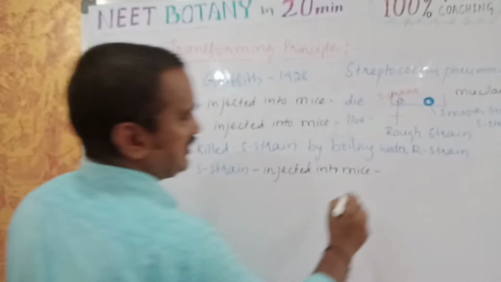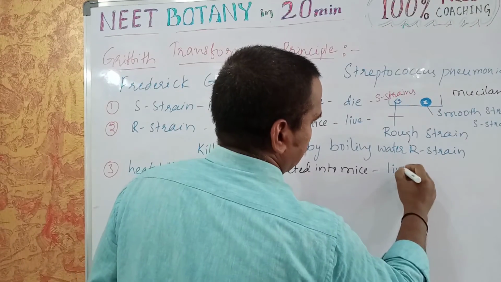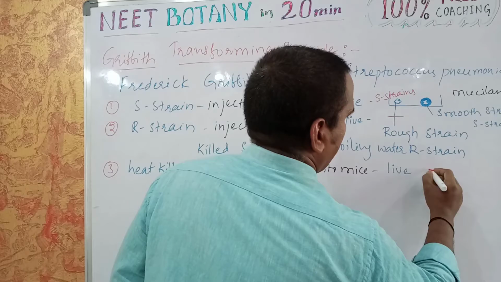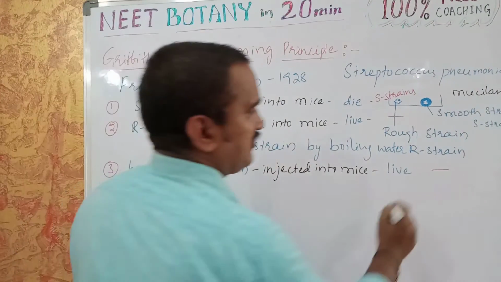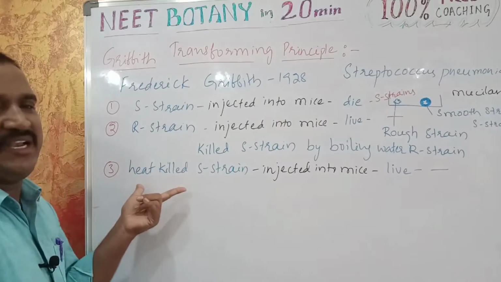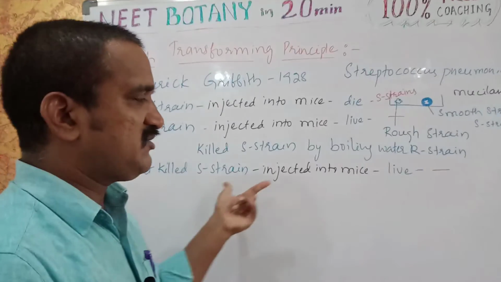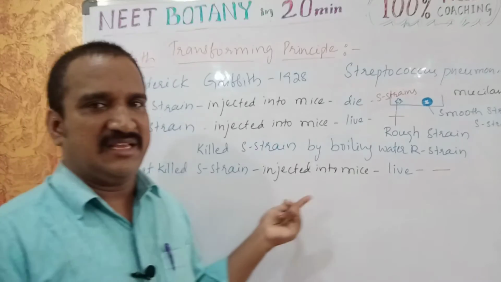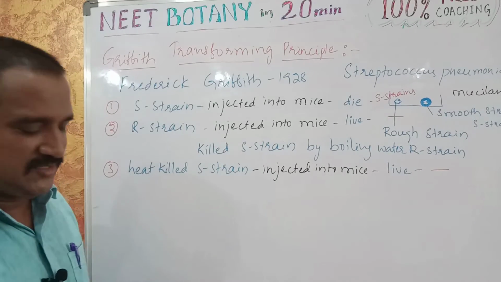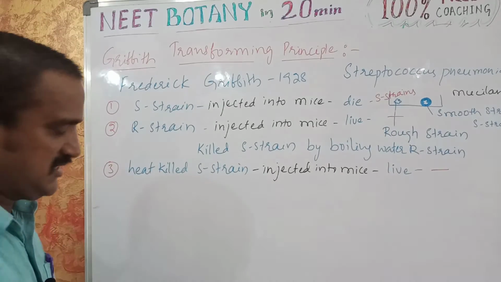Now the mice lived, and no strain was found in the mice body, because it was already killed, so it could not fight with the enzymes. The enzymes digested the heat-killed strains.